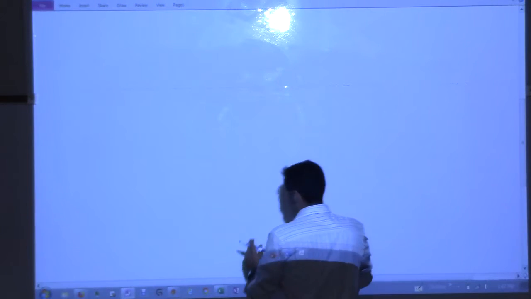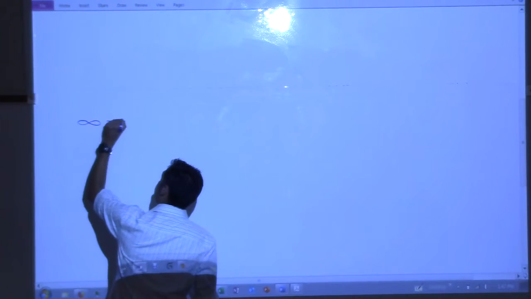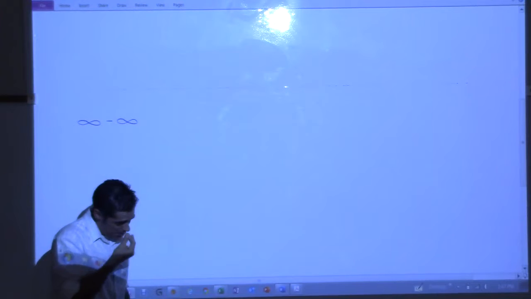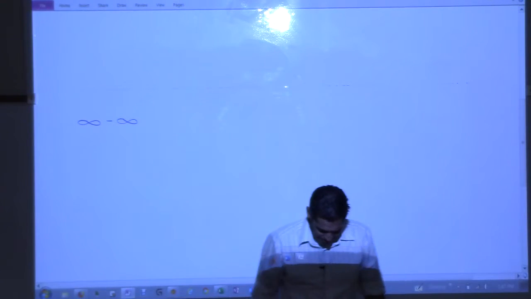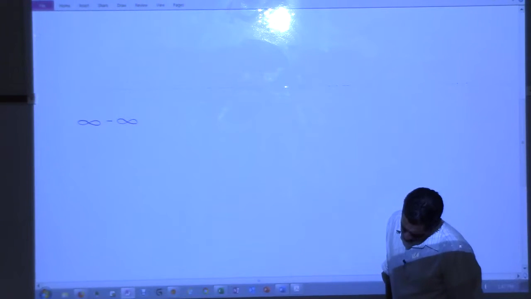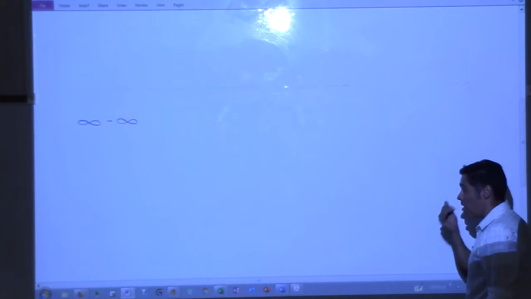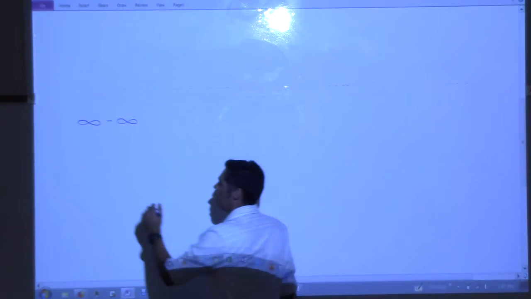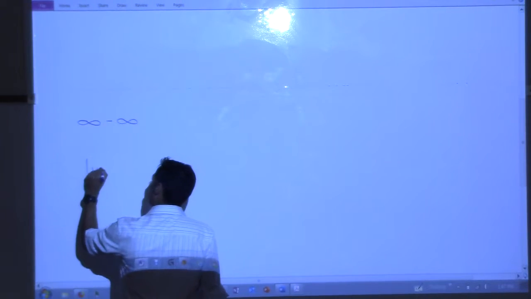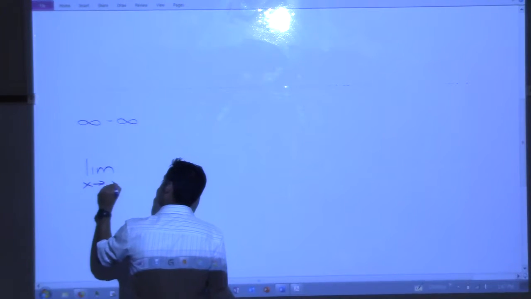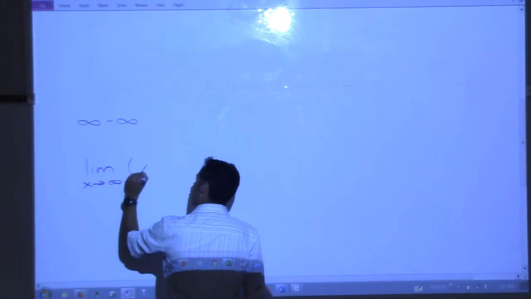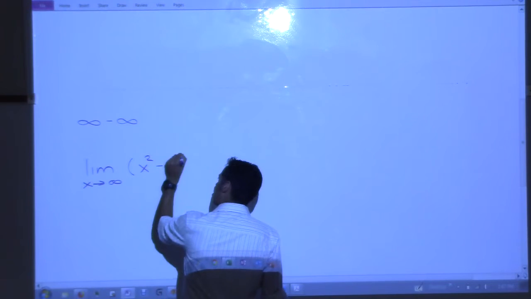All right. The last indeterminate form we need to look at is infinity minus infinity. It's the last one. So we'll start with a pretty simple one. Let's say we have the limit as x goes to infinity of x squared minus x.